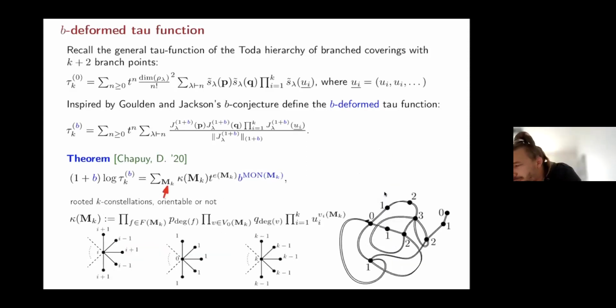But maybe you will prefer a more combinatorial version of this theorem. The combinatorial version says that instead of looking at branched coverings, this is a generating function of rooted K-constellations. You can already expect that these should generalize bipartite maps, because when we had 3 families of variables, there were bipartite maps.